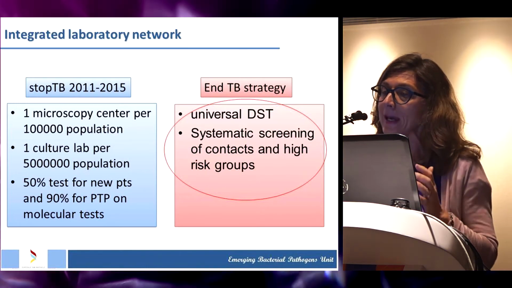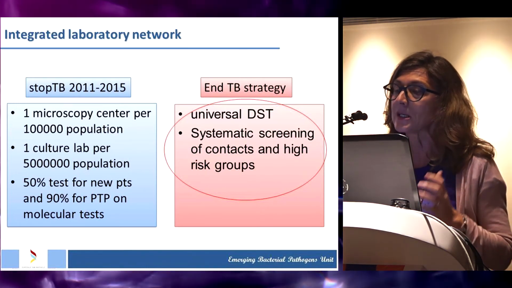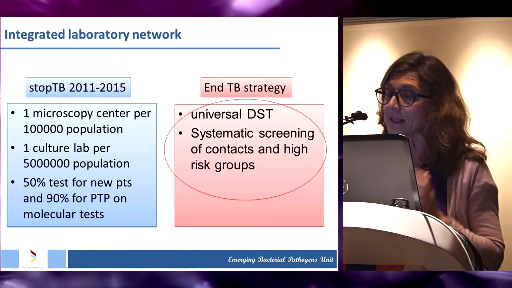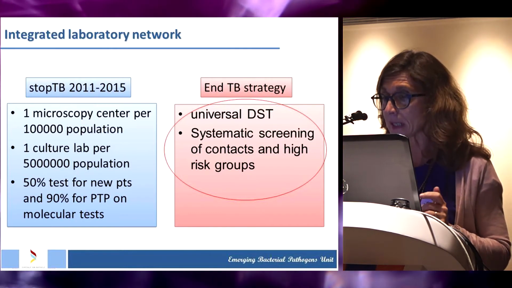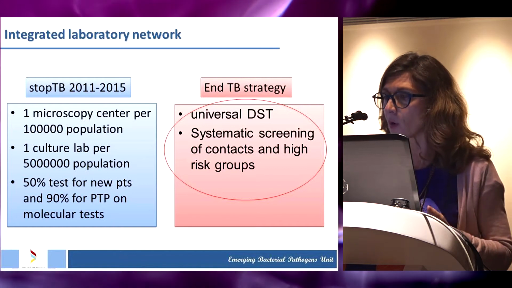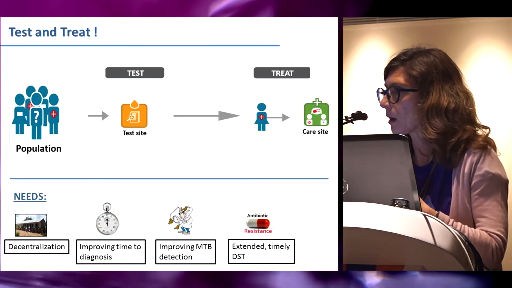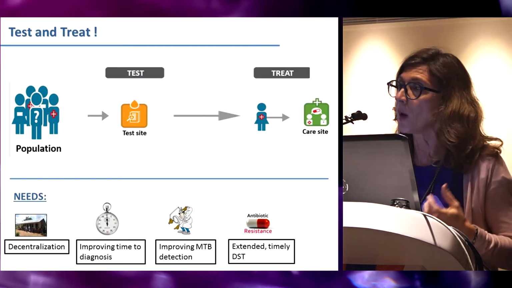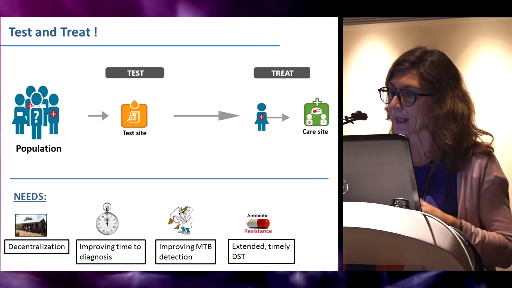But now the End TB strategy is calling for universal DST. And universal DST, of course, will probably be molecular in the first approach, but we are not forgetting the role of cultures.